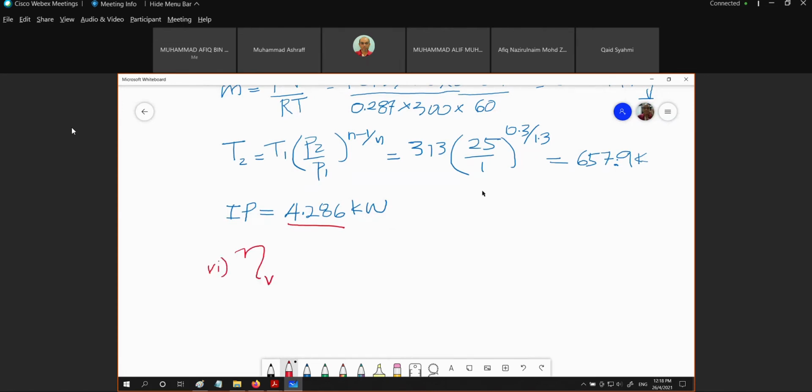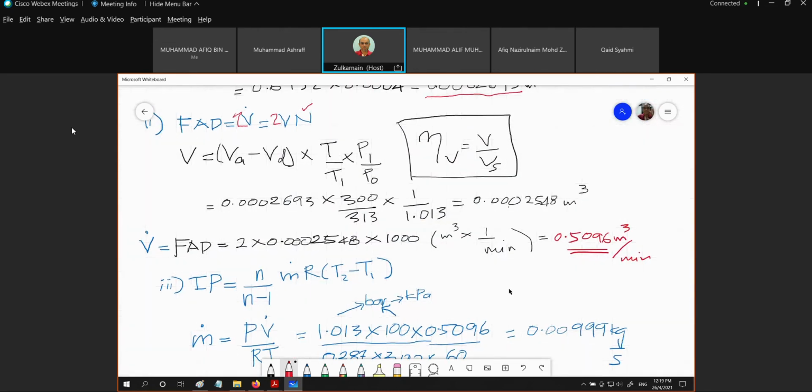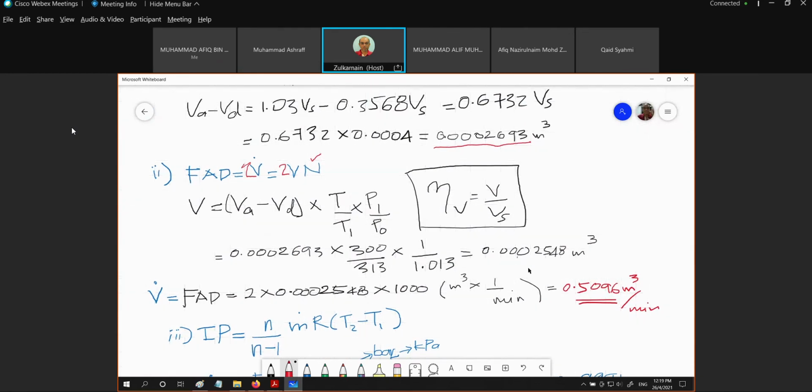Volumetric efficiency is equal to V divided by Vs. So we already have the V value for one side. This is the V value.